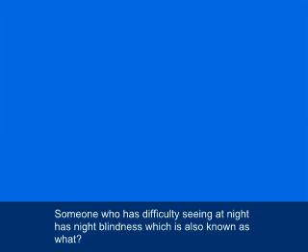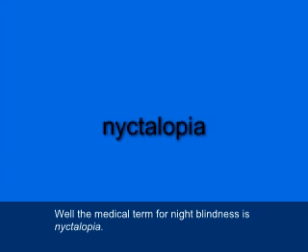Someone who has difficulty seeing at night has night blindness, which is also known as what? Well, the medical term for night blindness is nyctalopia. What is the general term for a disorder in which the eyes are not aligned correctly?